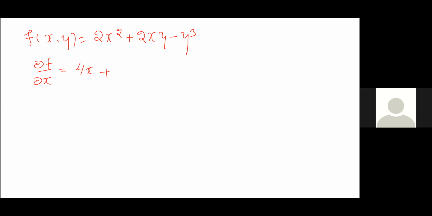Next, 2xy gives 2y. Next, minus y cube: y cube is constant with respect to x, so its derivative becomes 0. So dou f by dou x is 4x plus 2y.